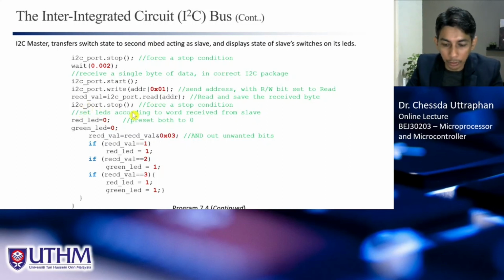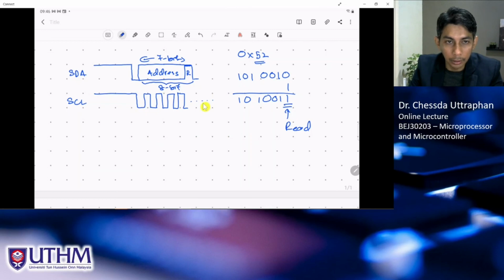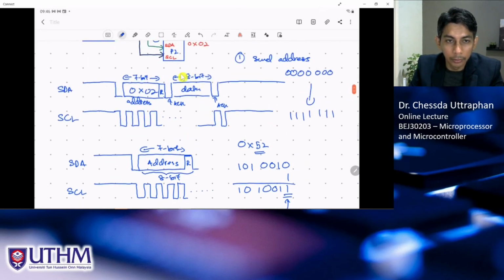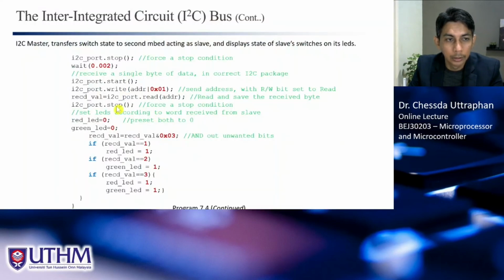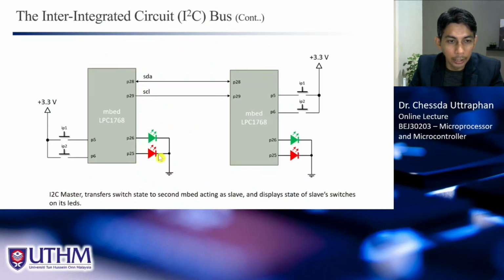After we read, we get the data, and we stop, just like this. And the acknowledge is sent automatically when we receive. And we stop.